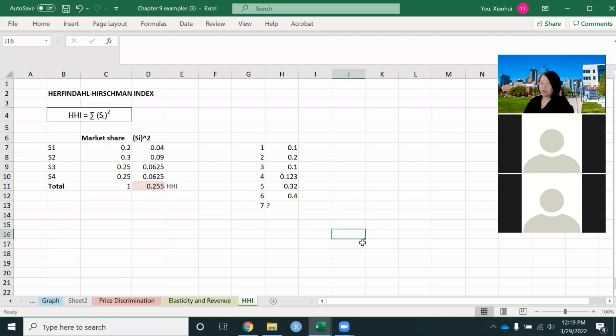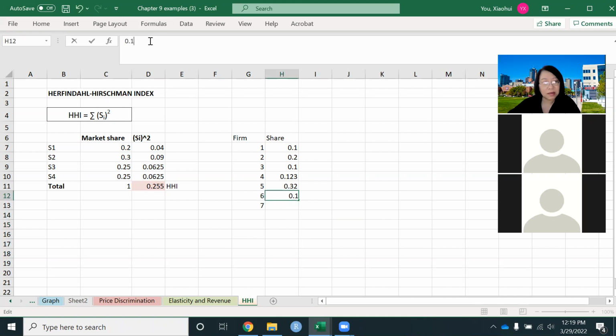Then we don't know this one. Now, how can you do it? Do you know what's the share for firm 7? We have 7 firms. We know the shares for the first 6, but we don't know this one.